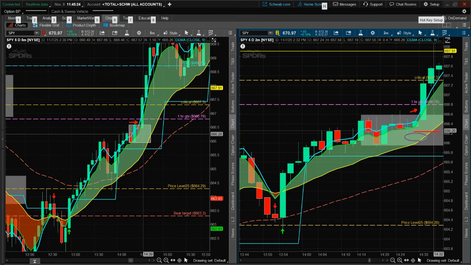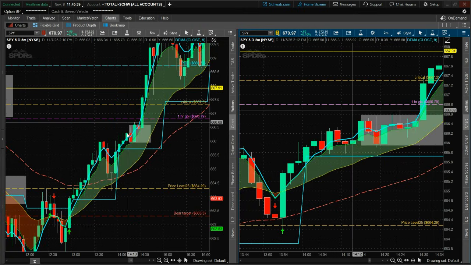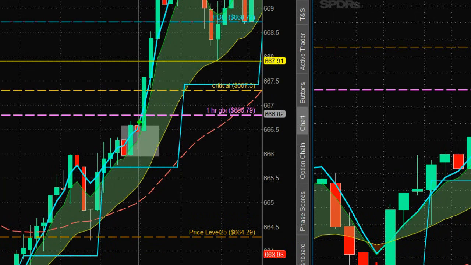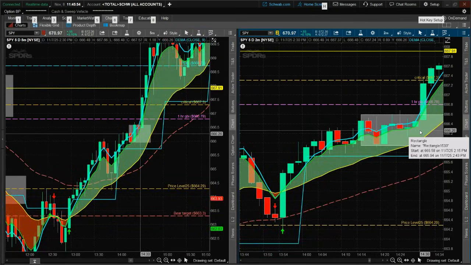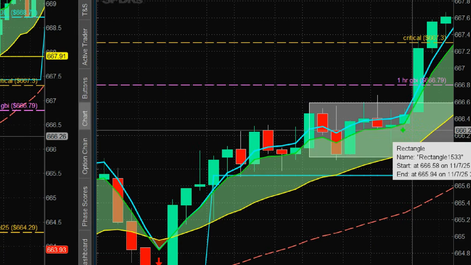I'm not getting the 2-minute 20 retest, but I know that buyers got the ball. They're pushing right now. So I want to participate, I want to be a part of it, but I'm not getting the criteria I want. I'm going to enter, and I'm just going to put my stop right below the previous 2-minute candle. That is a really good way to get into the market and still manage risk appropriately.